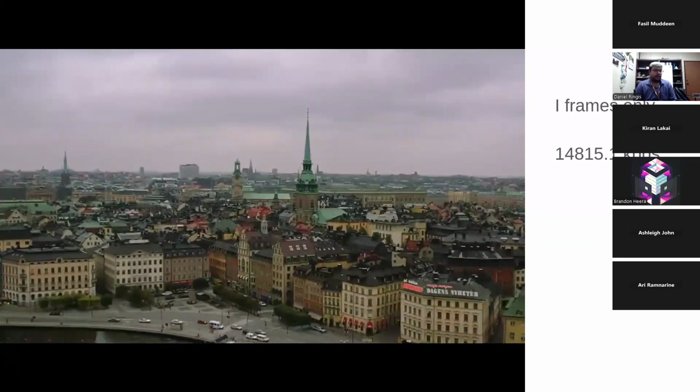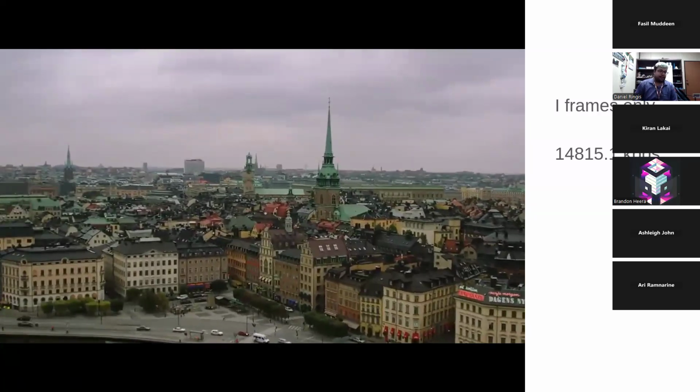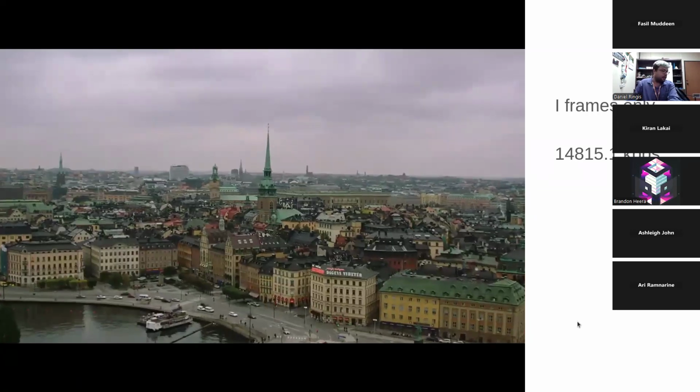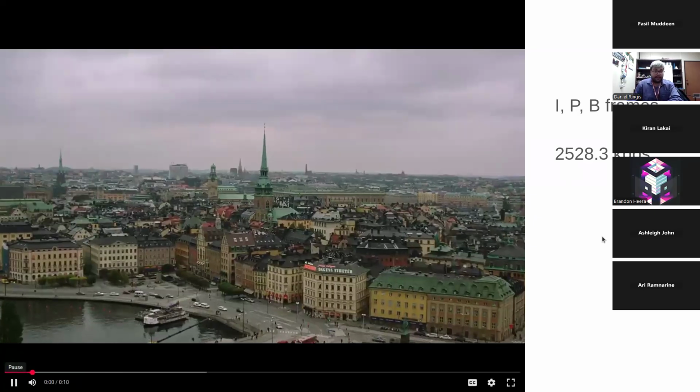So this is iframes only, and this is 14 kilobits per second. So this is not like the entire frame, which means this 10-second clip is actually 140 megabytes. Whereas if I use the prediction frames, I have 2.5 megabytes per second, which means I'm only at 25.